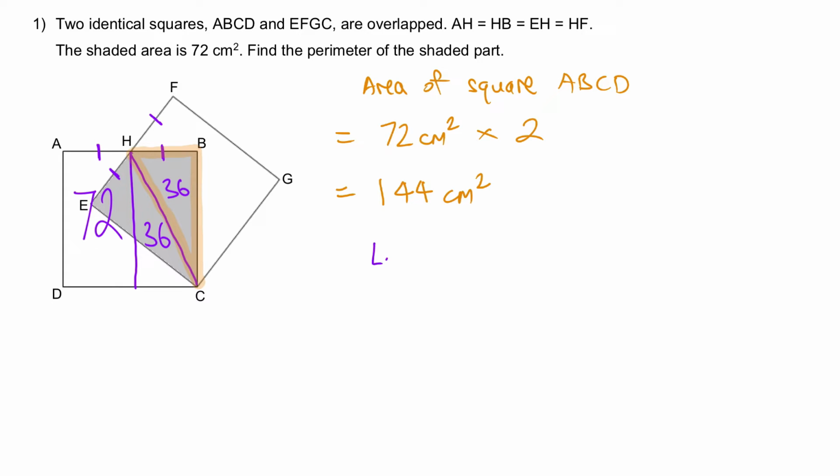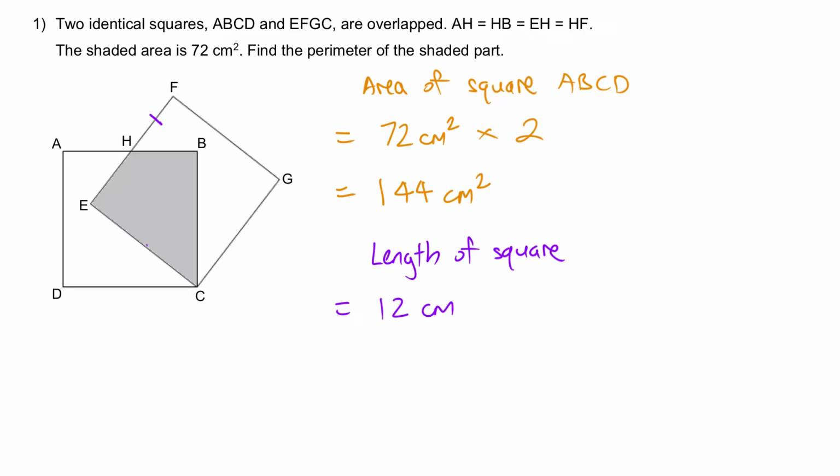The length of the square will be 12, because we know that 12 times 12 will give us 144. Let's adjust the diagram a bit to isolate what we needed to find.